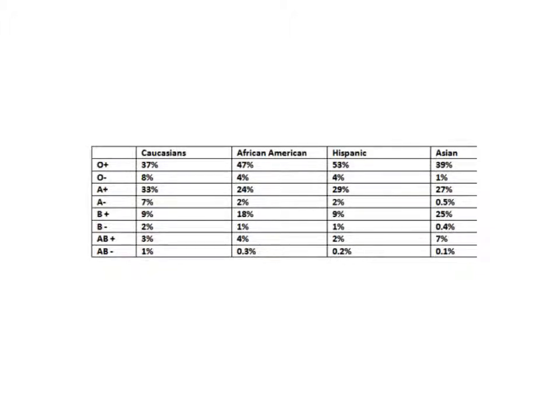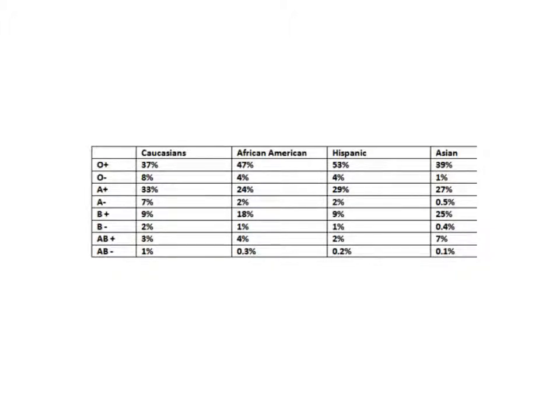Whereas O negative is fairly rare across the board. And then AB negative, as you can see here, is really, really rare. Especially if you were of Asian descent, that's 1/10 of 1%. So that'd be one person out of every 1,000 Asians who would have type AB negative blood.